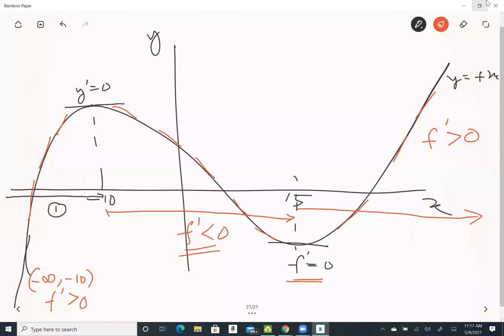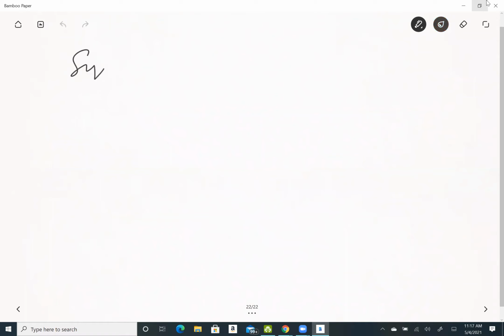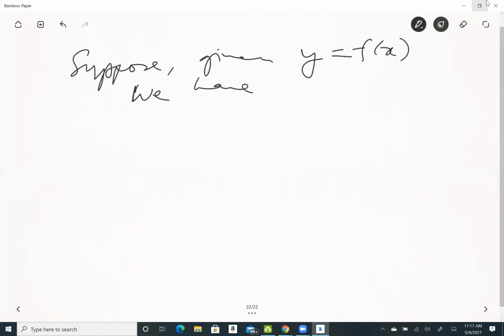So suppose in general, given y equal to f of x, we have y prime equal to 0, say at x equal to x0.